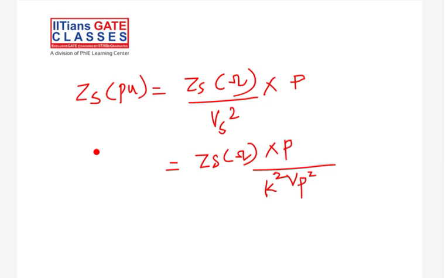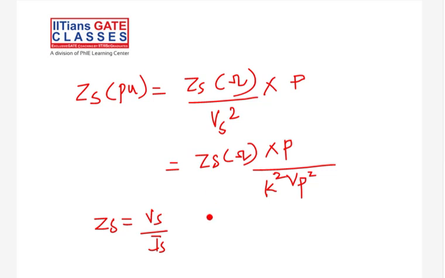We'll just try to derive this fresh, right? Okay, so what would be Zs? Zs would be Vs by Is. Does that make sense? It does make sense.